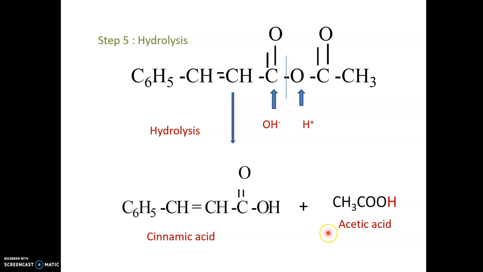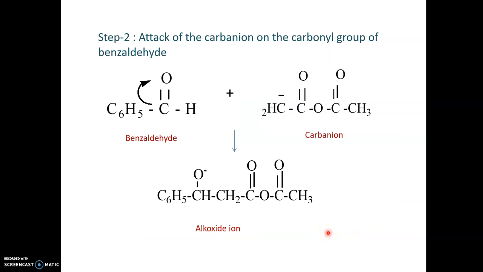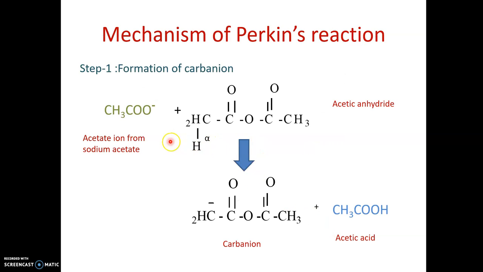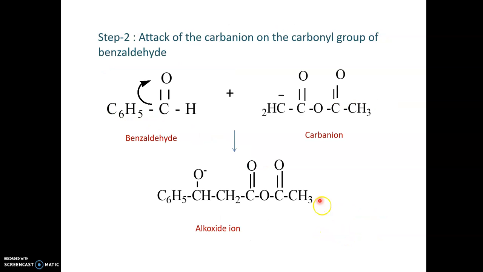Let us have a recap of this reaction. So the first step, the acetate ion removes a proton from the acetic anhydride, resulting in the formation of a carbanion, and the acetate ion takes up a proton to give the acetic acid. Next, this carbanion attacks the benzaldehyde to give the alkoxide ion.